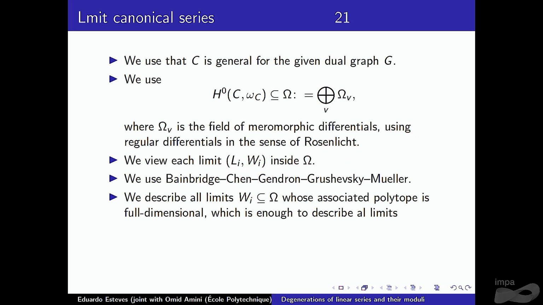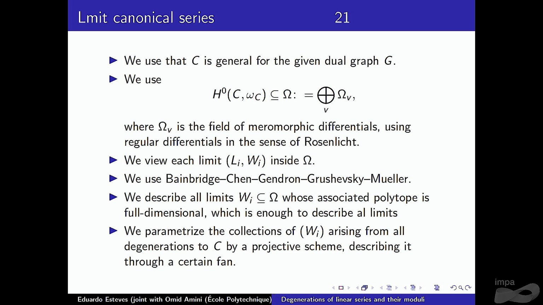That's what we did in the last month. We parameterize the collections of these linear series that arise from all degenerations of the curve. So we don't fix one degeneration, we consider all degenerations. For each degeneration, there's going to be a collection of these Wi's. We put all of them together in a certain scheme, which is projective. All the limits are there, so it's projective.